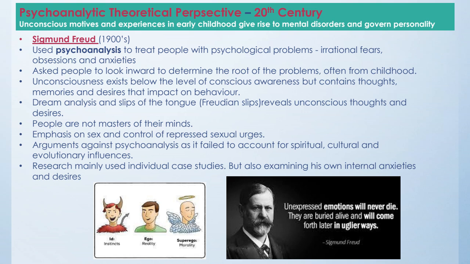So how did Sigmund Freud get to this, and how did he treat people? This is where the tool psychoanalysis comes along. Okay, you have probably also all heard the word psychoanalysis. This is where it started. It's a process that Freud used to treat people with psychological problems. So if people were experiencing irrational fears, obsessions, and anxieties, he used the tool of psychoanalysis. That was his process.